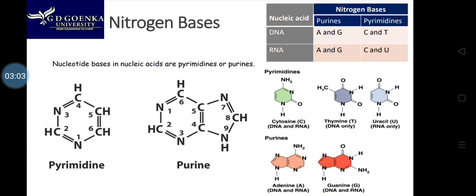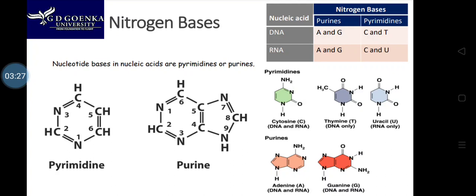So for DNA, the purines are A and G, which is A for adenine and G for guanine, and the pyrimidines are C, cytosine, and T, thymine. For RNA, the purines are the same, but in the pyrimidines, instead of thymine there is uracil.